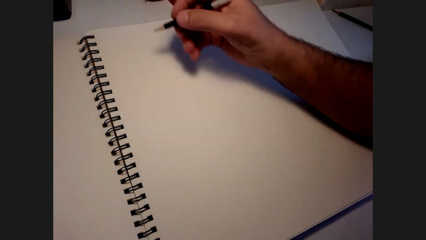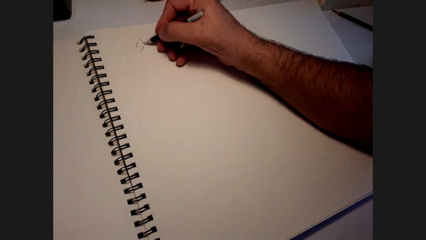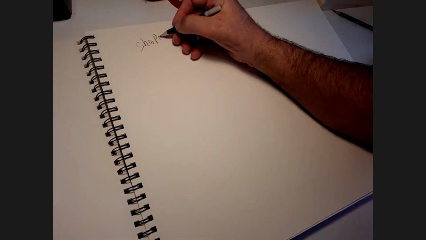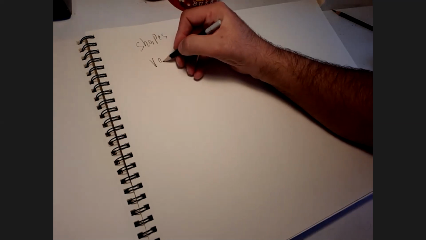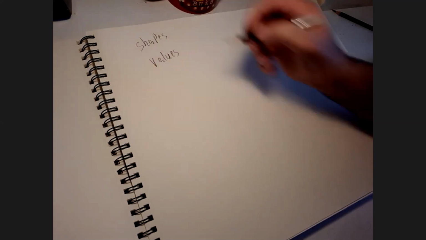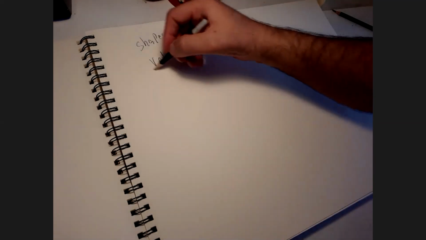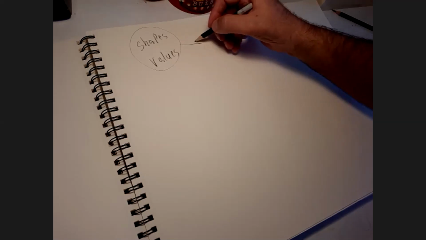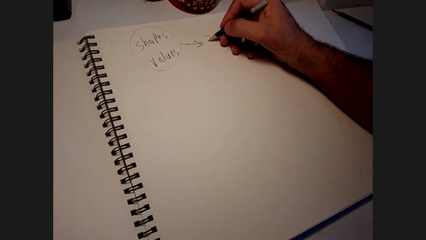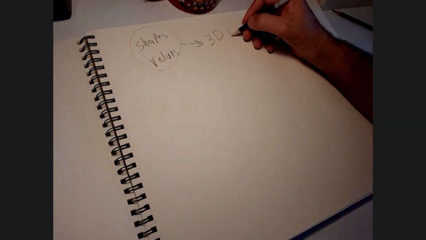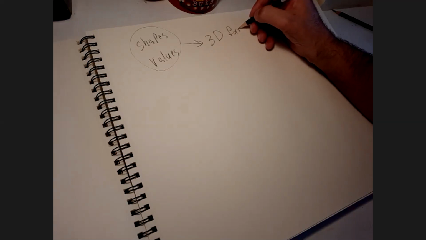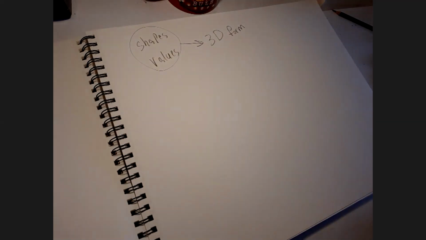They are siblings. They should be together always. It's value. So we have shapes, and we need to know about values. These two work together to create a three-dimensional form or volume for us.